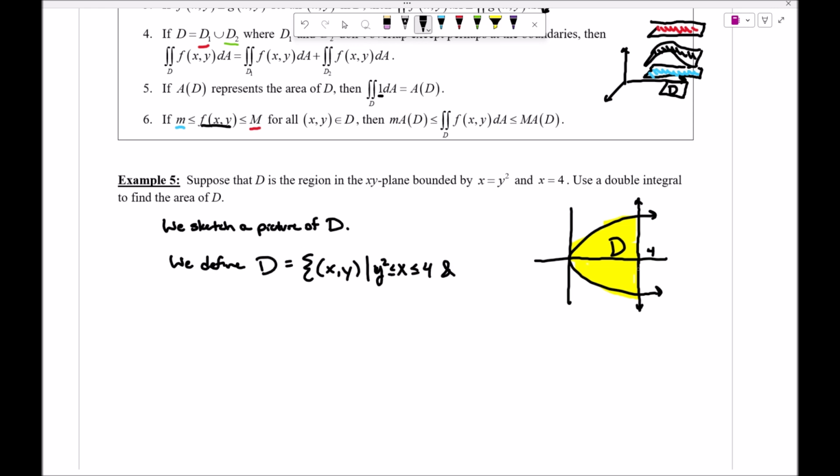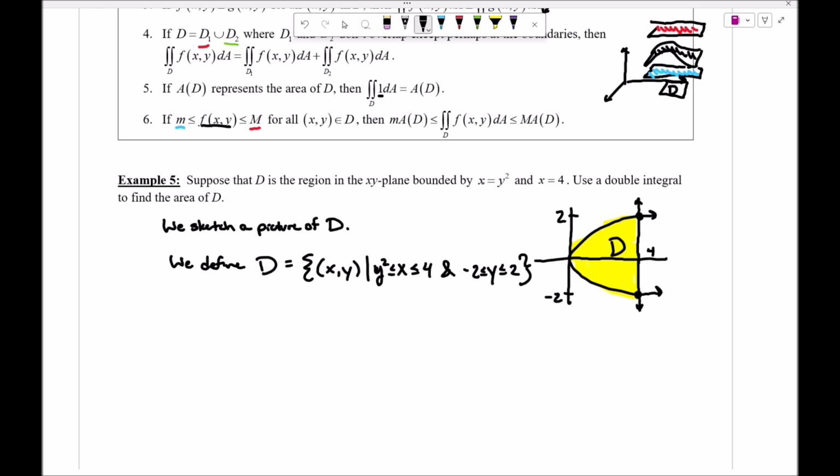And once I have that, I can easily then figure out the bounds here on y. I would really just need to figure out how low and how high my y values can go here. But I'll notice that if x is equal to 4, the parabola should go all the way down to heights of -2 and all the way up to a height of +2. So this would be a way I could define D.